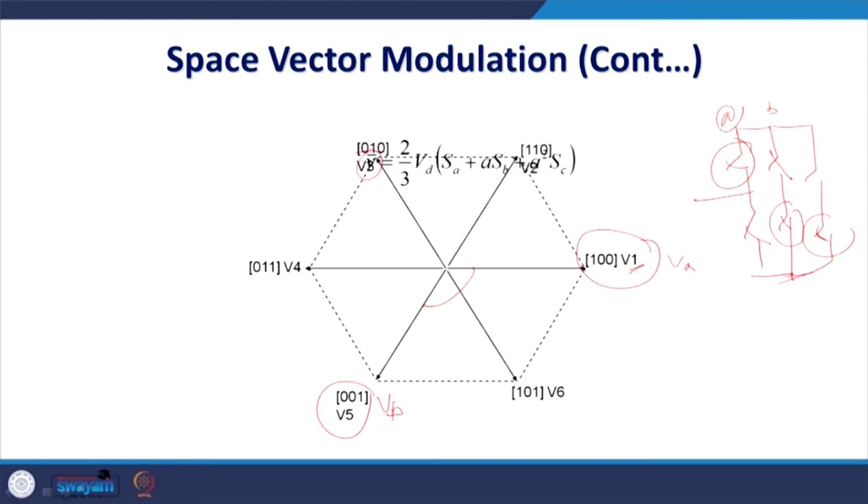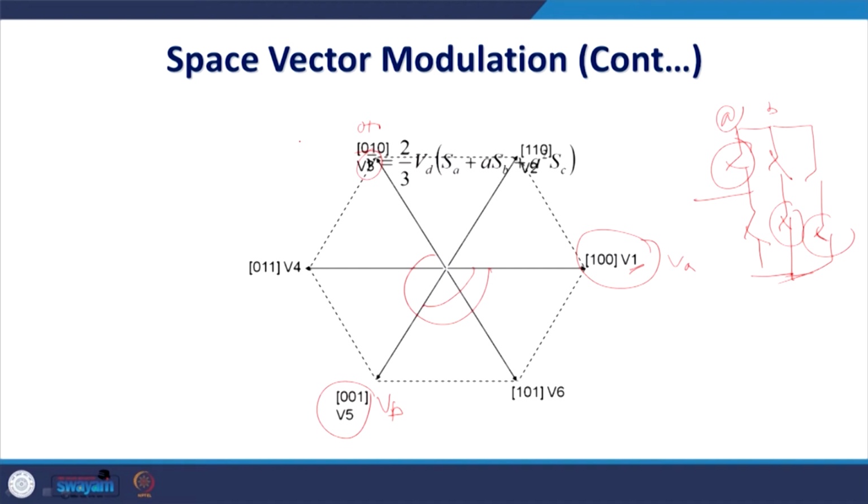Similarly, another 120 degree lag, that is 240 degree, you will get your VC. So, you will have 0 1 0.